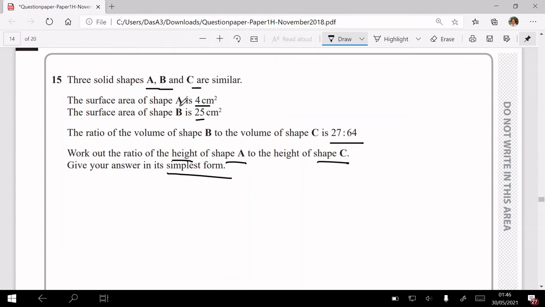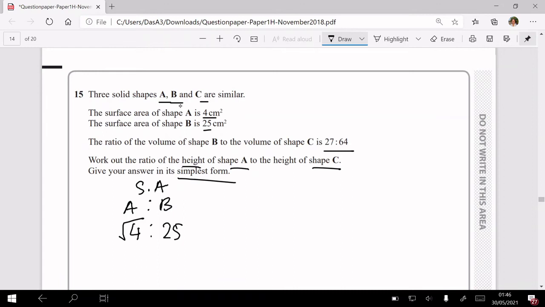Surface area of A to B is 4 to 25. And then to find the scale factor, because it is surface area, to find the scale factor of length, you have to square root it.